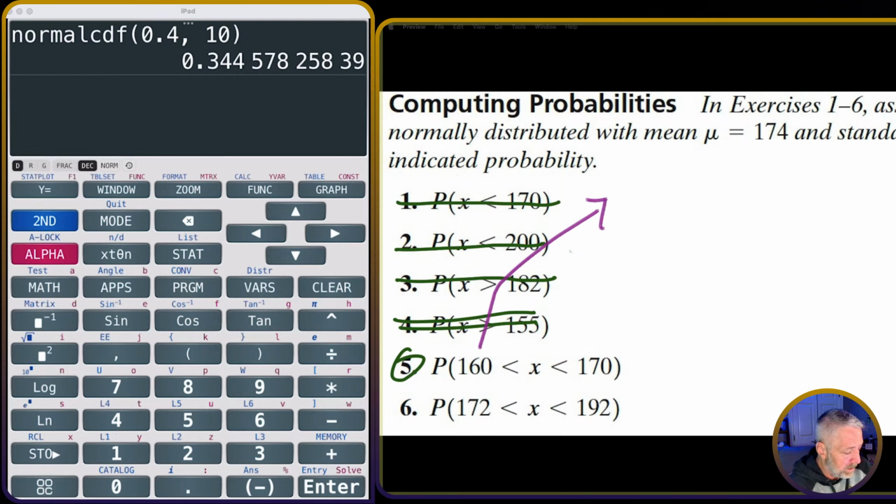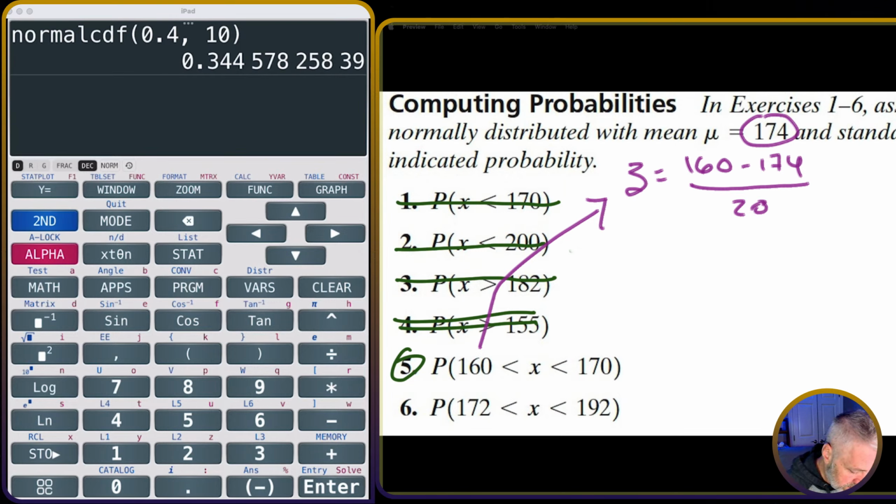So what I have to do is find the z-score that corresponds to 160, which is z equals 160, subtract 174, which was the given mean, all divided by 20, which is not showing up at the top because of the way I've crunched my screen in. The standard deviation was 20. So the z-score for that is going to be 160 minus 174 divided by 20 equals negative 0.7.